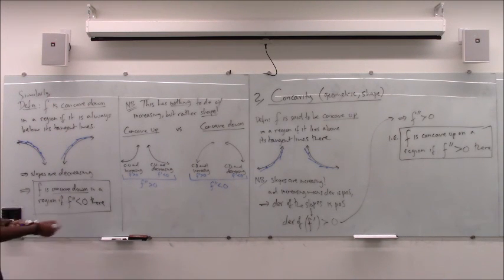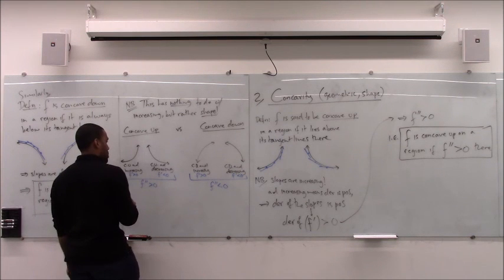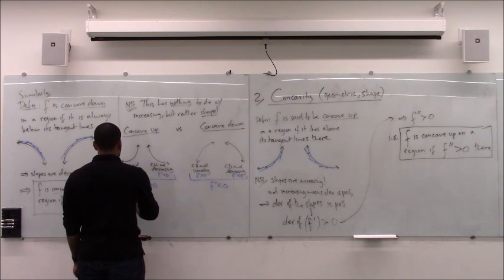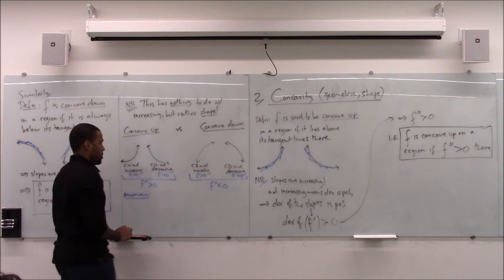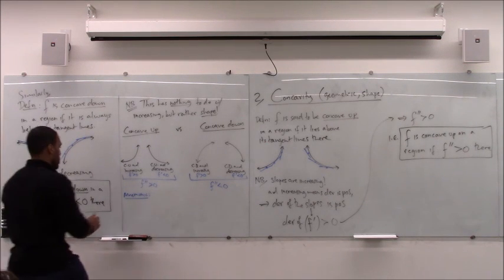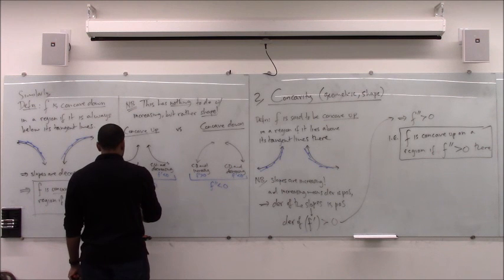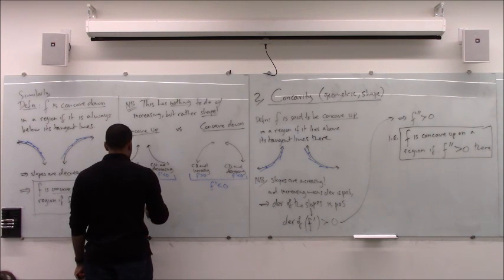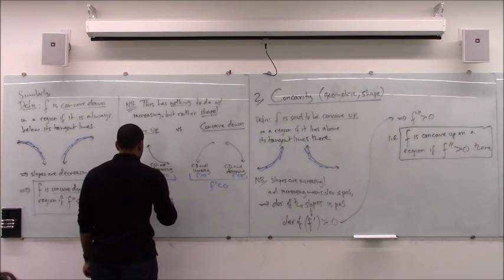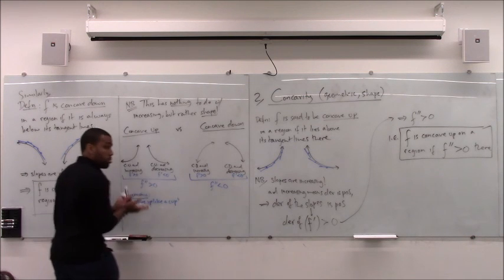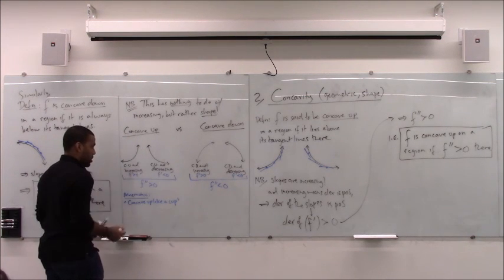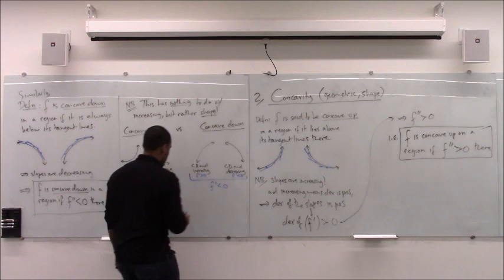But another thing that you want to remember, there's a little mnemonic here. You want to remember who's who. We call it concave up, like a cup. It's like you can hold water in something that's concave up.